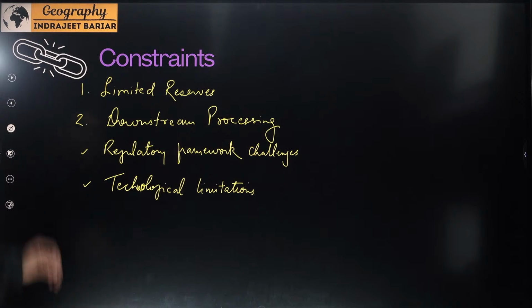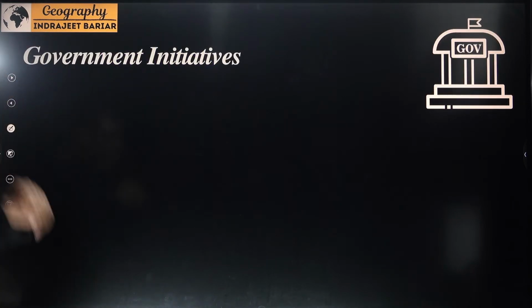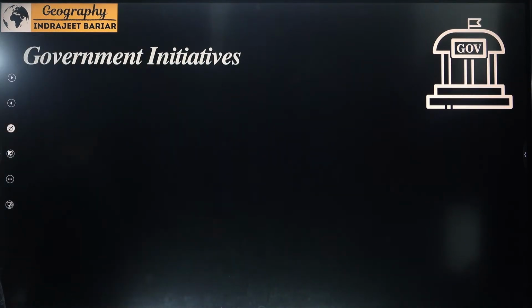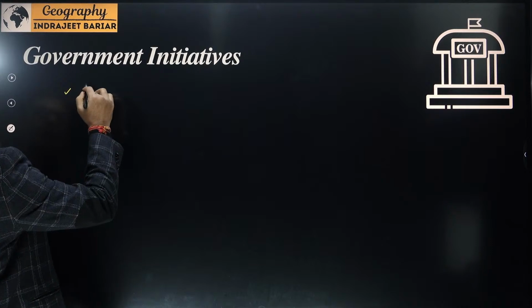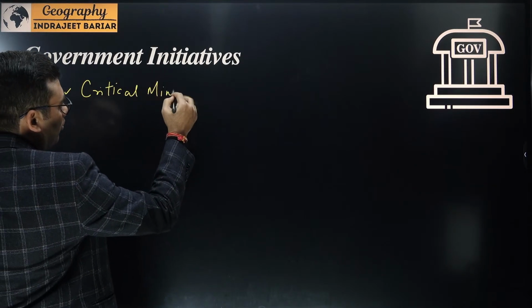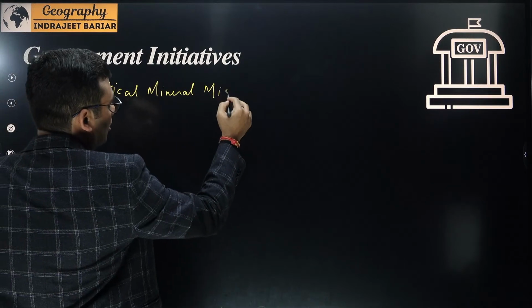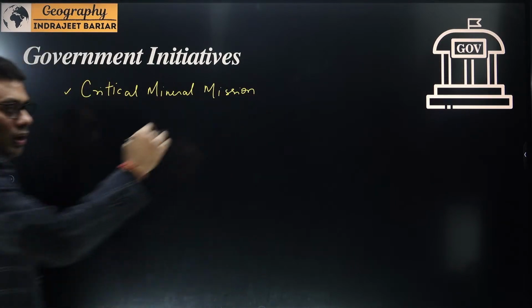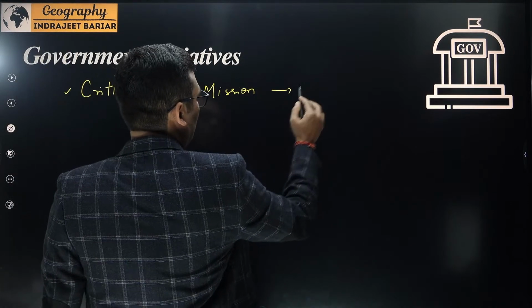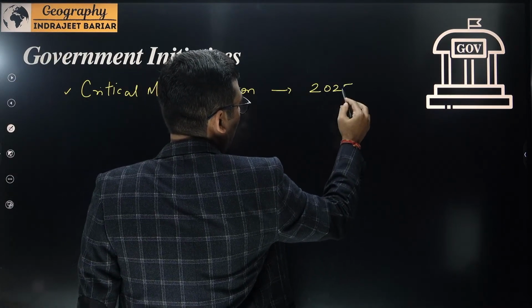Now, what is the government doing? This is the most important part with respect to critical minerals: the recent developments. The first one that comes up is the Critical Mineral Mission. This is one mission which is going to be launched in 2025.